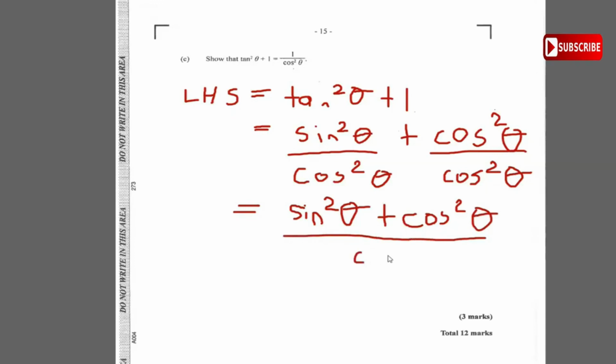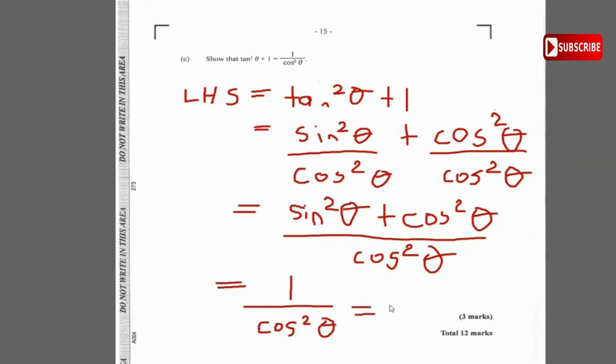Nice and easy. Now sine squared theta plus cos squared theta is equal to 1. So we get 1 over cos squared theta, and there is our right-hand side.